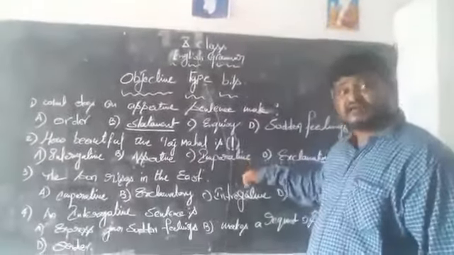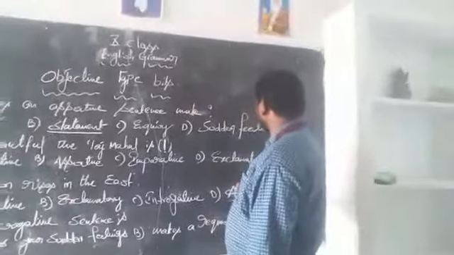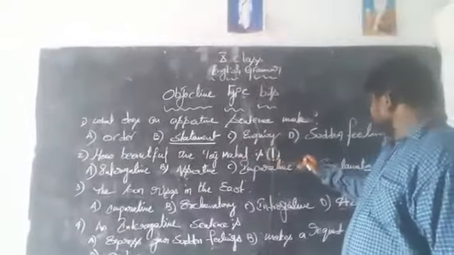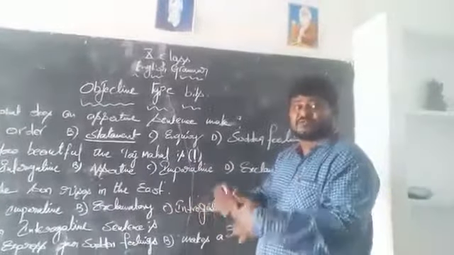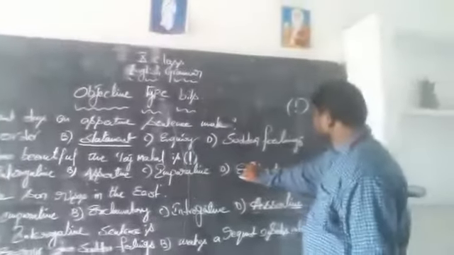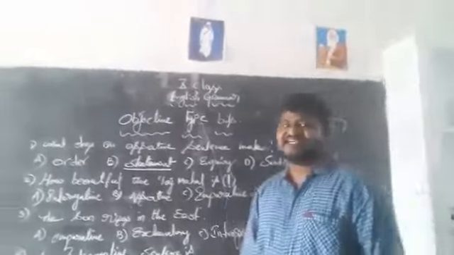Imperative means order, command, request, advice. And exclamatory sentence means, like, how beautiful the Taj Mahal is, expressing your feeling. So the answer is exclamatory sentence. Did you understand, my dear children?